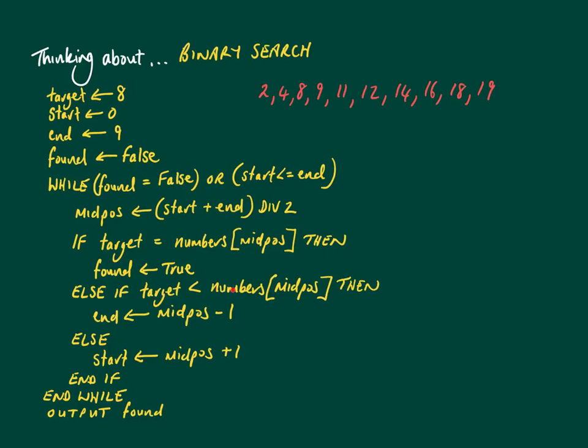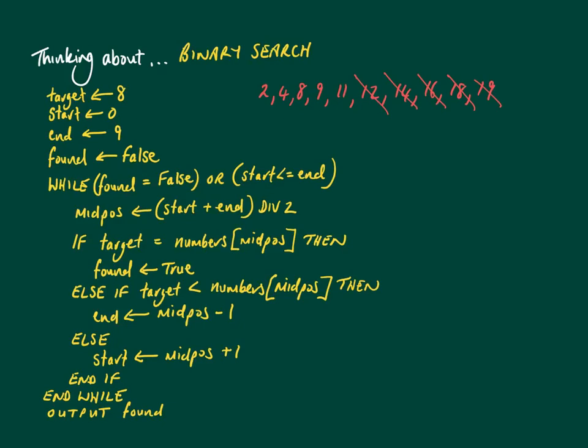We'll see if the target is less than numbers[midpoint]. So that is true because 8 is less than 12. So now we set end to be equal to the position of midpoint, which was 5, minus 1, which is 4. And by doing that, we rule out all of the items to the right and the item itself, which was at position 5 in the array, so 5 and beyond.